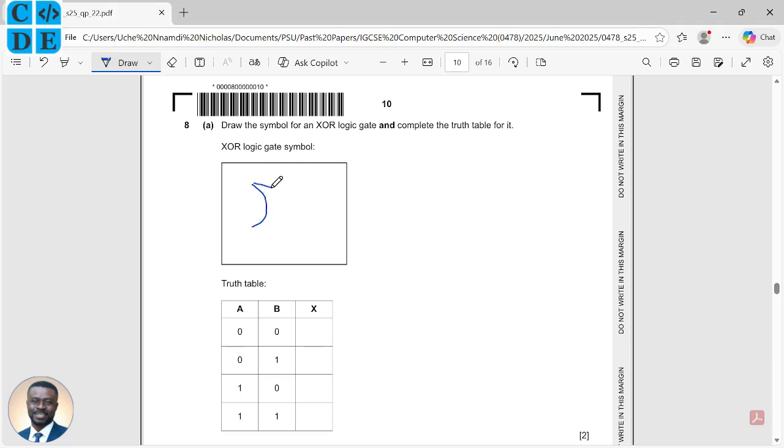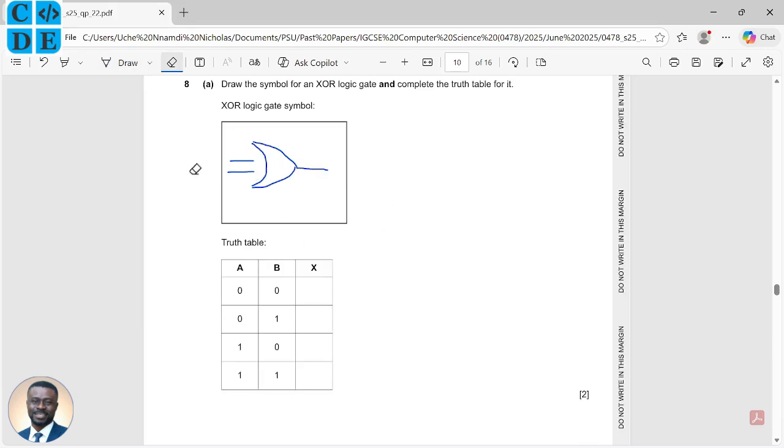This logic gate looks like an OR gate, but with the sign of exclusivity. So I'm just using my touchpad here to draw this.